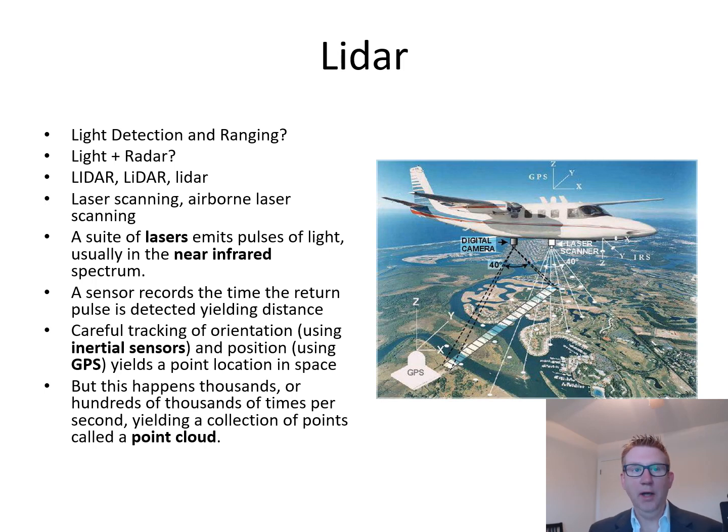Essentially what you've got here is an instrument that emits lasers, pulses of light, usually in the near infrared spectrum. They bounce back from an object. The sensor collects how long it took for that bounce to occur. It keeps track very carefully of the direction that pulse was sent out.